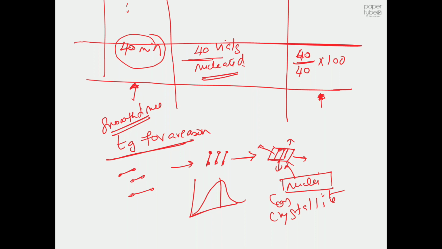Normally these nuclei will be so tiny, and sometimes may not be visible, but they tend to grow immediately, very fast. Imagine if you have a solution with millions and millions of these nuclei, then your solution will turn from clear to cloudy. Sometimes we call this the cloud point, or this TG.